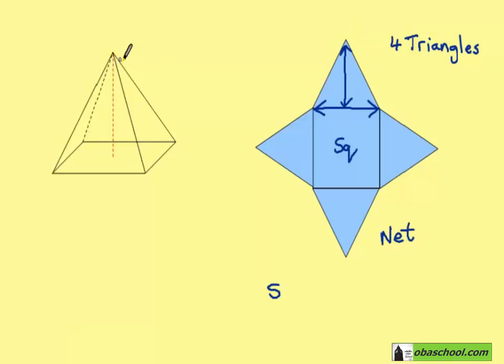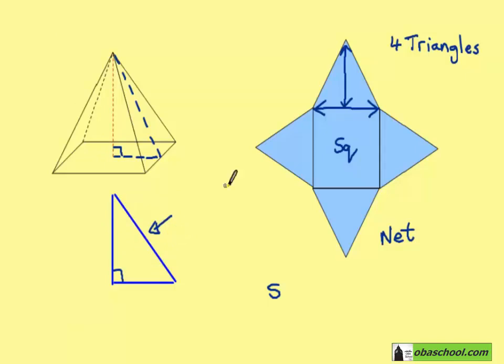Looking at the pyramid, this height is the length from the vertex down one of the faces to here. We can find a right-angled triangle containing this length. Drawing out this triangle, we can see that it's right-angled in this corner.